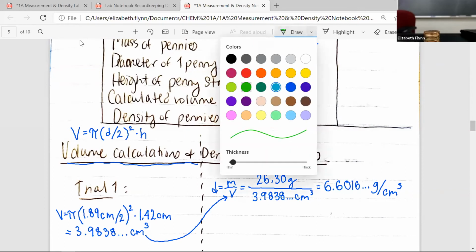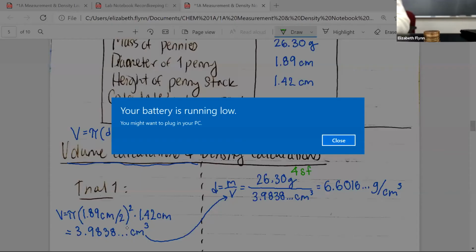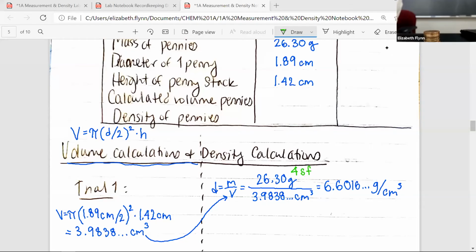So in this number, we've got 4 significant figures. Over here, how many sig figs should we have? How many significant figures should we have in this number here? Let's look at this one. There's 3 sig figs, and this one, 3 sig figs.